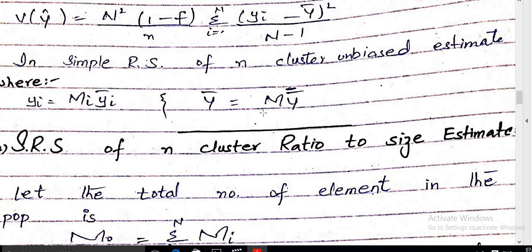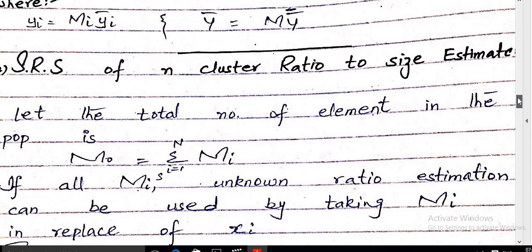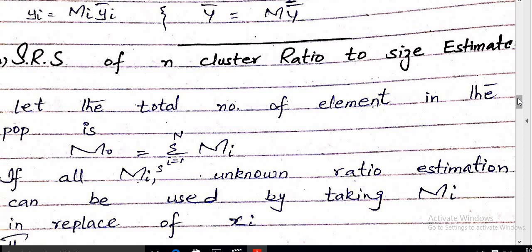Now simple random sampling of n clusters with the ratio estimate. Let the total number of elements in the population be m naught, which is the sum of i from 1 to n of mi, the sum of the elements in each cluster.